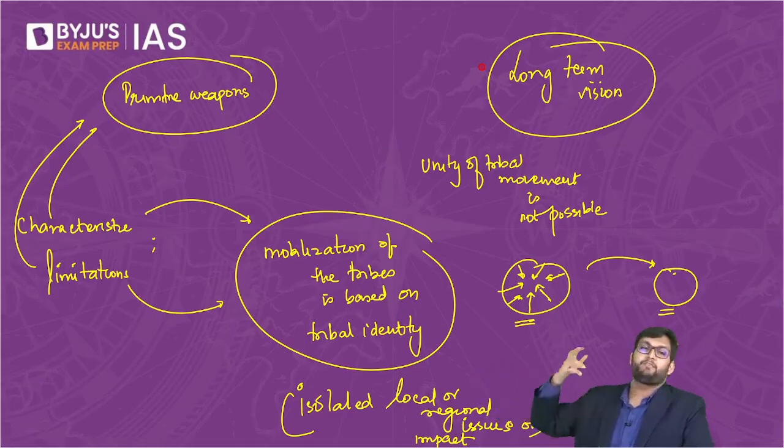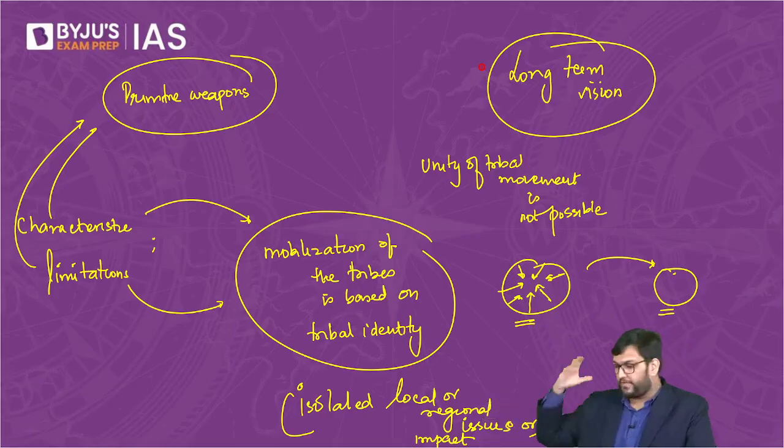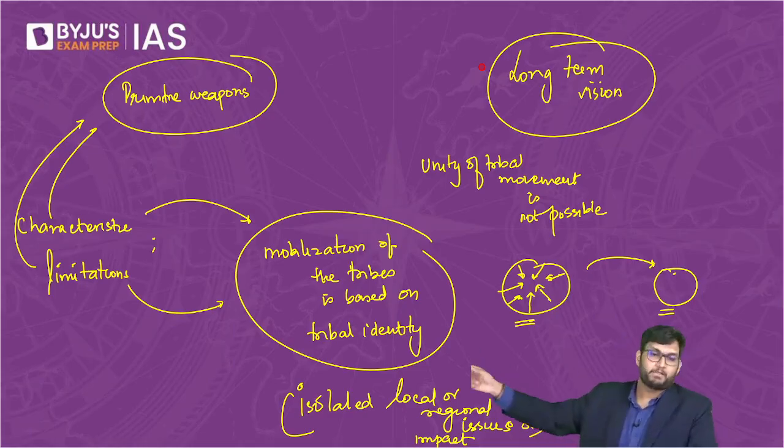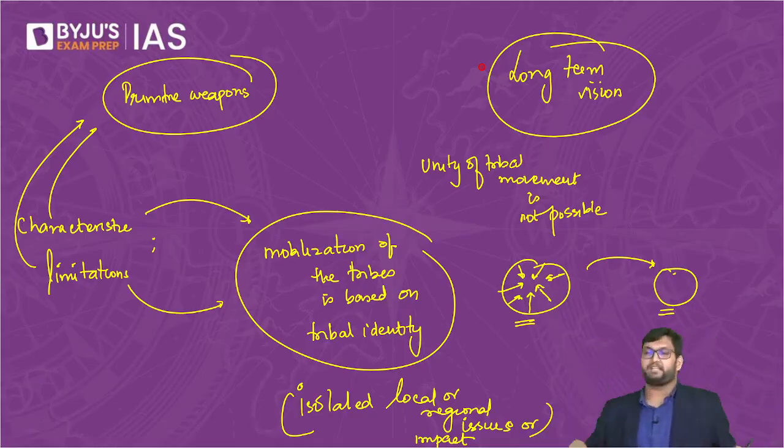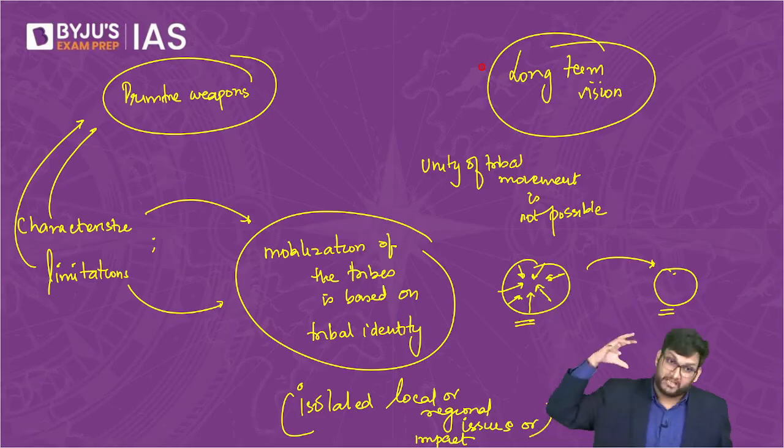Tell me. If your mobilization is on local regional issues, based on a certain identity that we all are dash, will a certain other tribe want to join that? No, because they have their own mobilization. So it's not that they are coming together as the tribes of India, they're coming together as their own tribe itself.